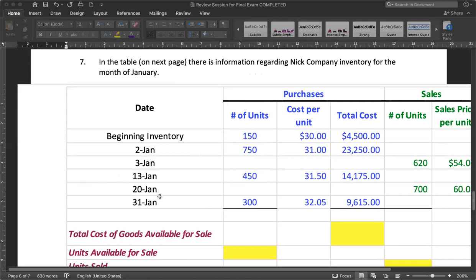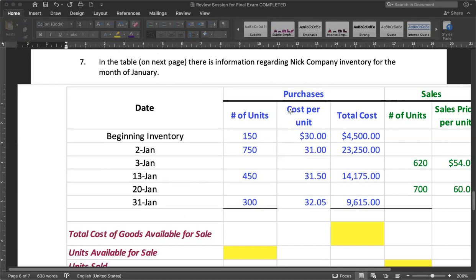All right, so that's the cost of goods available for sale. How many units did they have available to sell? Well, what was in the beginning inventory plus what they purchased during the month. And that adds up to 1,650 units that were available for sale. Now they tell us, here's the information about the selling price.